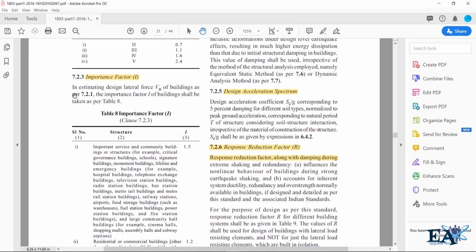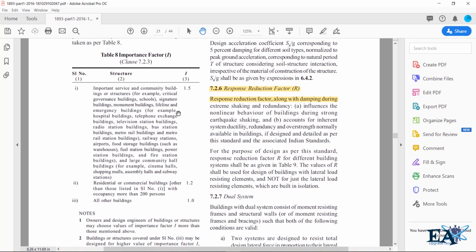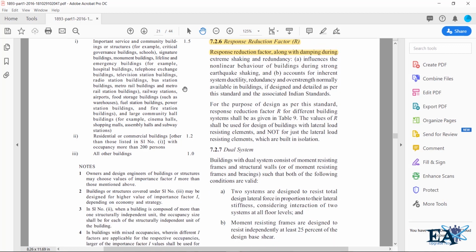As I've already told, the importance factor tells how important the building is. Here you can see important service and community buildings or structures, for example critical governance buildings, and those buildings where the live load is very high, give the importance factor as 1.5. For residential or commercial buildings, give the importance factor as 1.2. And for all other minor buildings give the importance factor as 1.0.